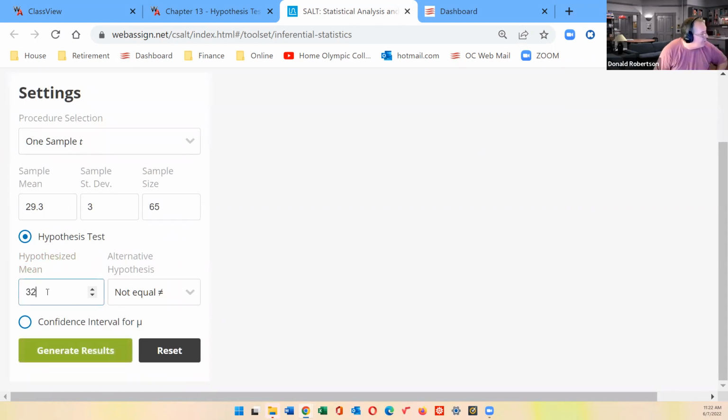That should be 32 and we're trying to prove that people tend to be less than that. So be comfortable about one sample, the sample mean, the sample standard deviation, and the sample size. H naught says the mean should be 32. We're trying to prove is it less, right? So that's all the pieces.